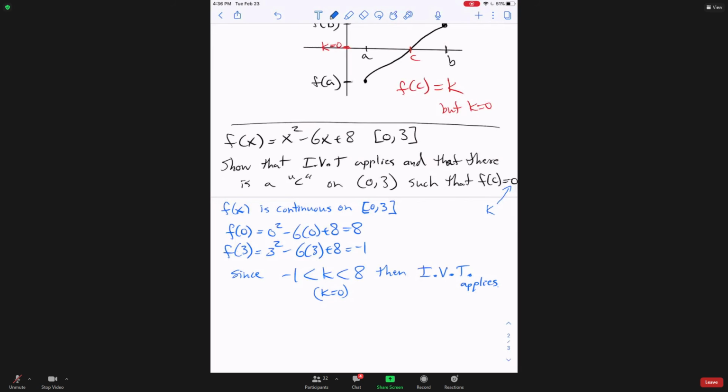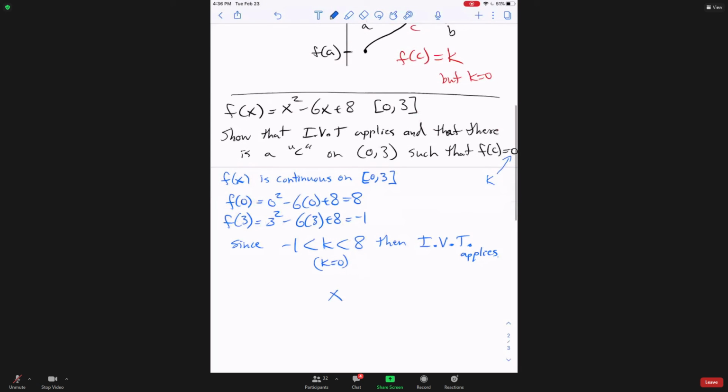Now, I made it a particular problem in this case where it works out, and if I ask you to now find the zeros afterwards, or find the C value, you would have to say, all right, let's set it equal to k and solve. Two numbers that multiply to 8, negative 4 and negative 2.